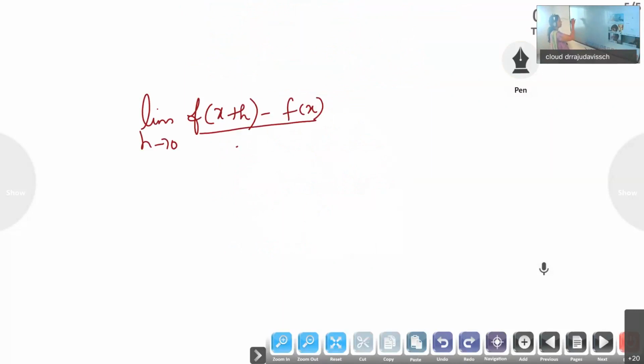So this is the formula for f dash of x. Here the function f of x is x cube minus 8.